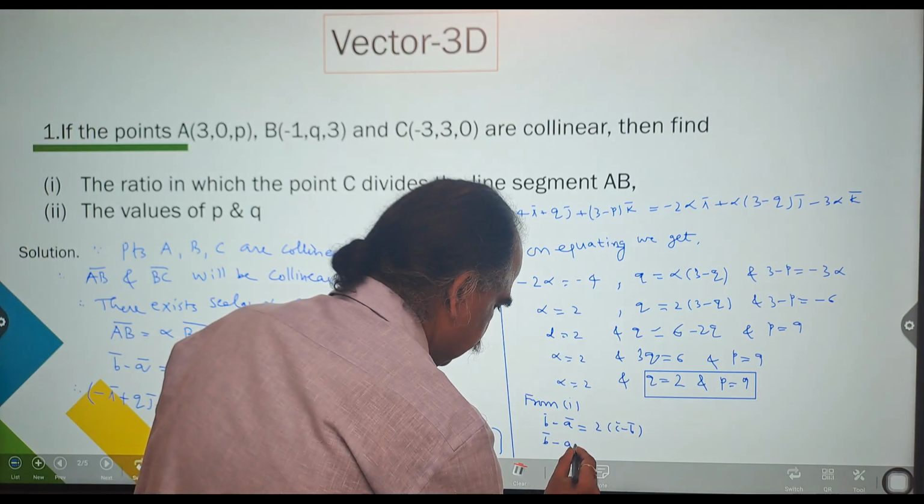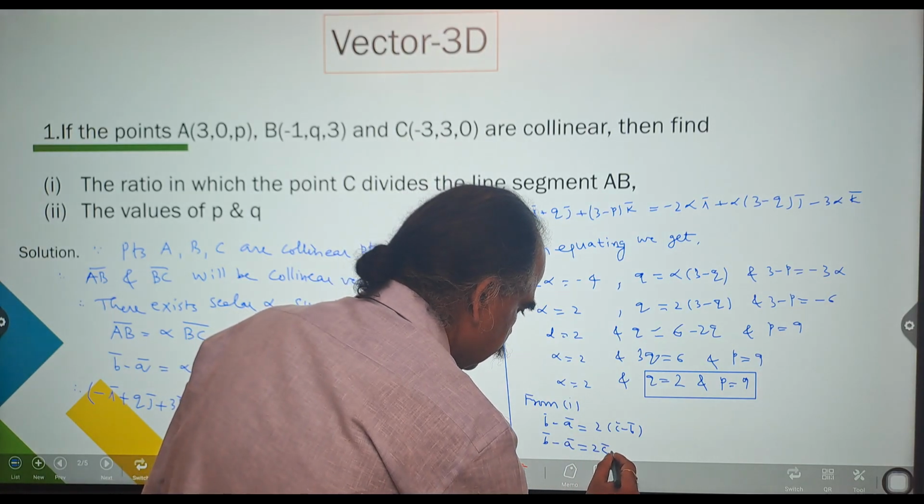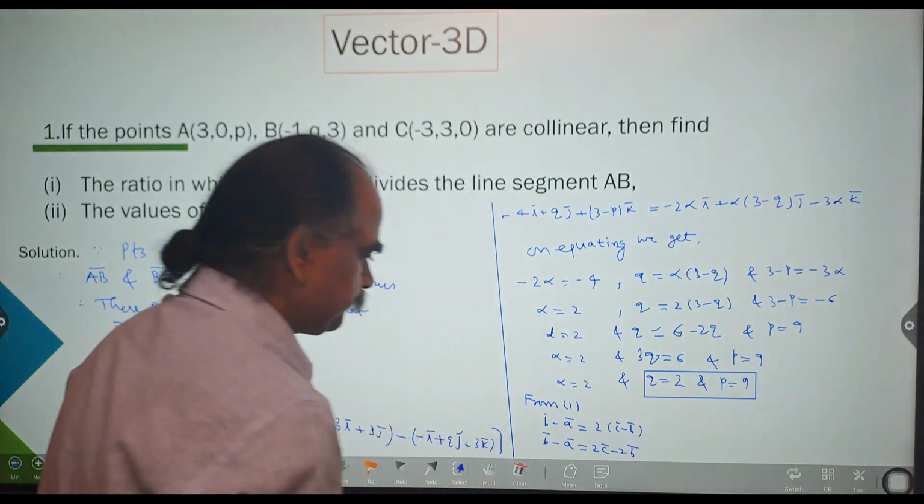B bar minus A bar is what? 2C bar minus 2B bar.